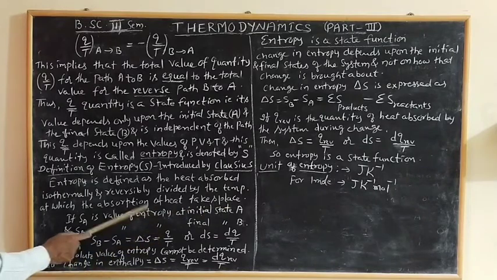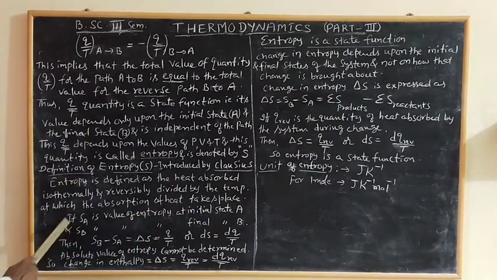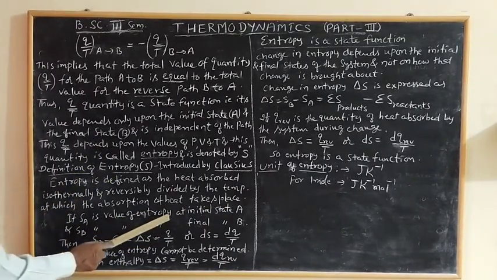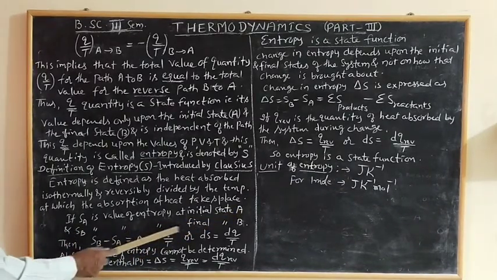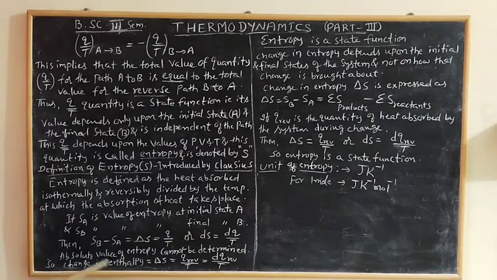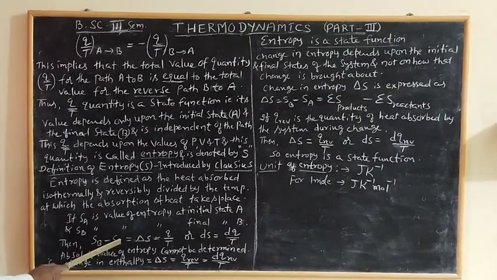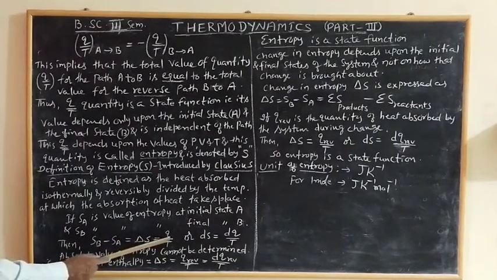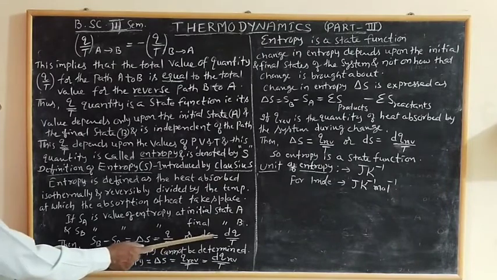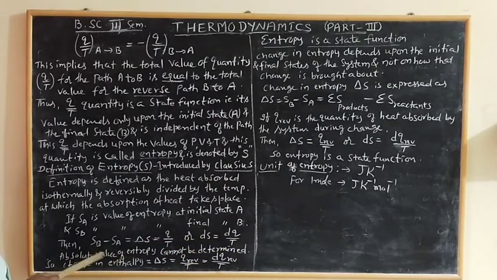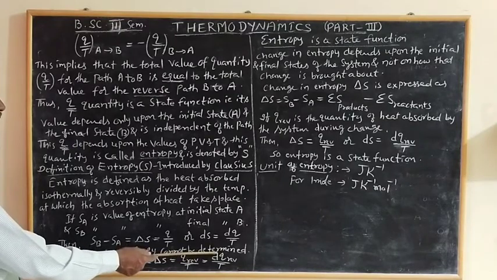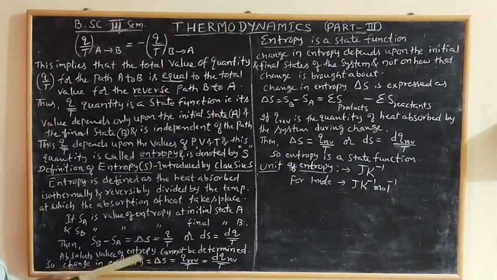So, if SA is the value of entropy at initial state A and SB is the value of entropy at final state B, we can write SB minus SA is equal to delta S is equal to Q by T, or dS is equal to dq by T. The absolute value of entropy cannot be determined. You can determine entropy only as a change between the final state and the initial state.